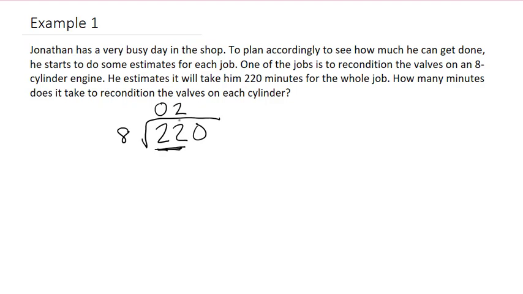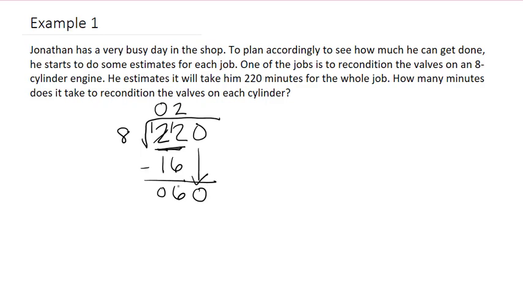So 8 times 2 is 16. And then we're going to subtract. We can't take 2 minus 6, so we'll have to borrow. Now that 2 becomes a 12. So 12 minus 6 is 6. 1 minus 1 is 0. Then the next step will be to bring down that 0.